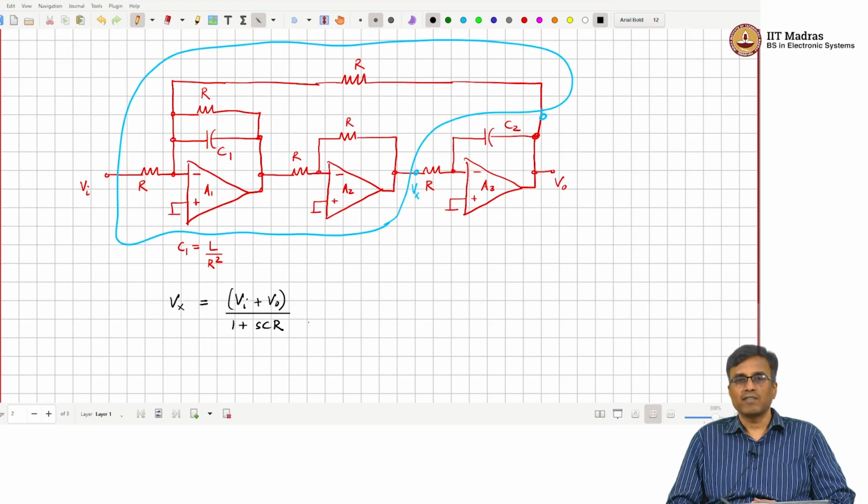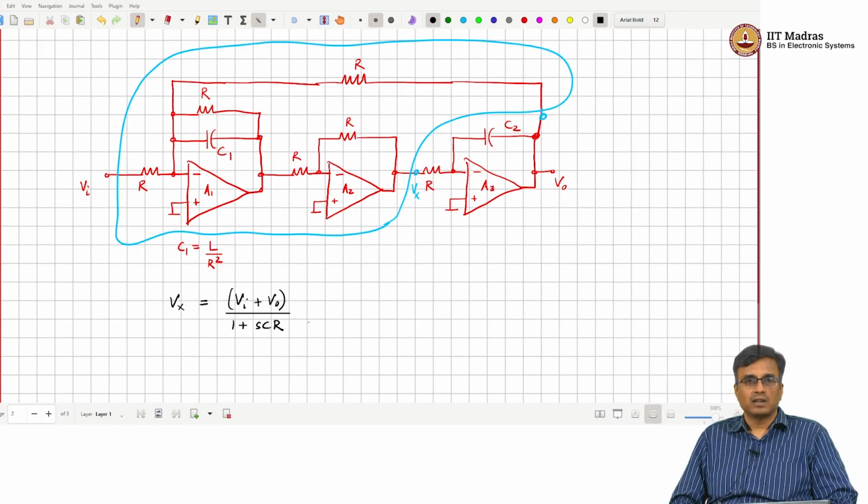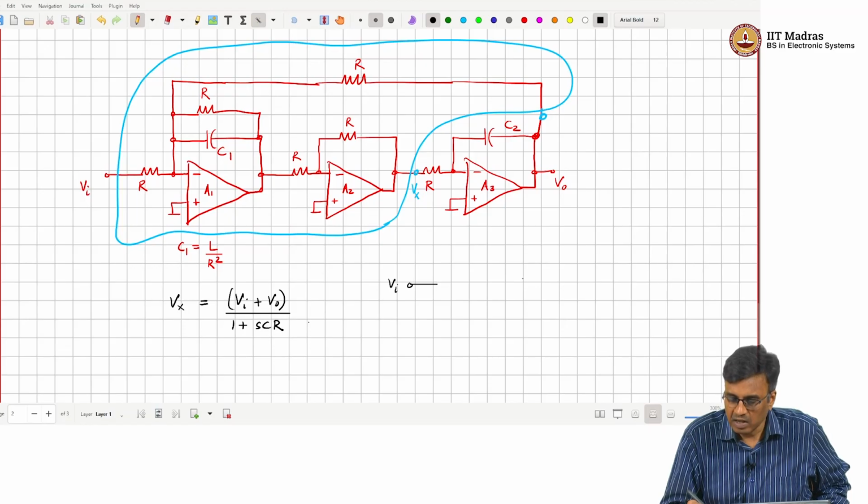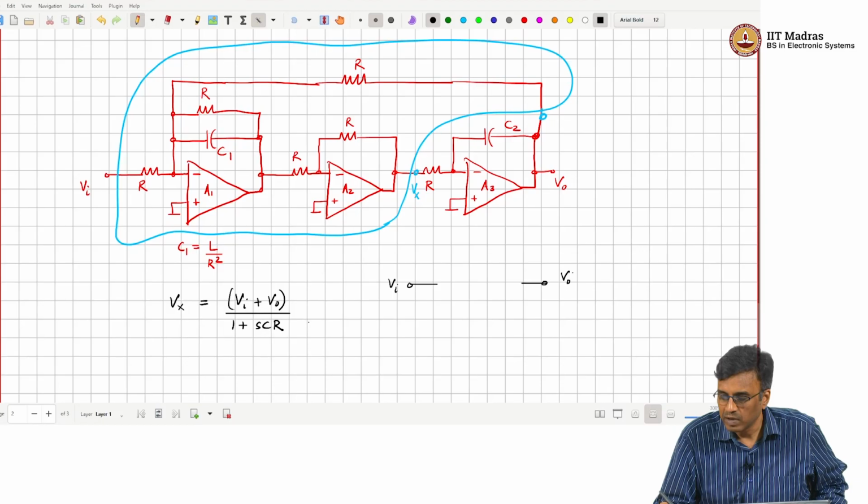Okay, let us say you did not have V naught, we just had Vi. Is there something that you can think of which will generate Vi by 1 plus SCR? Do you understand the question? I have a voltage Vi, I need to generate an output voltage Vx, which is Vi by 1 plus SCR.